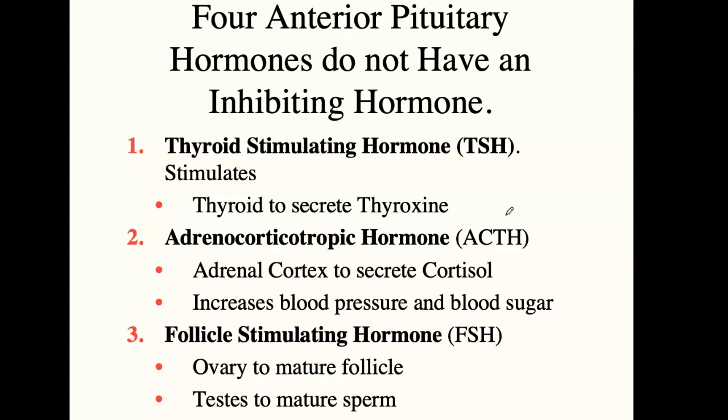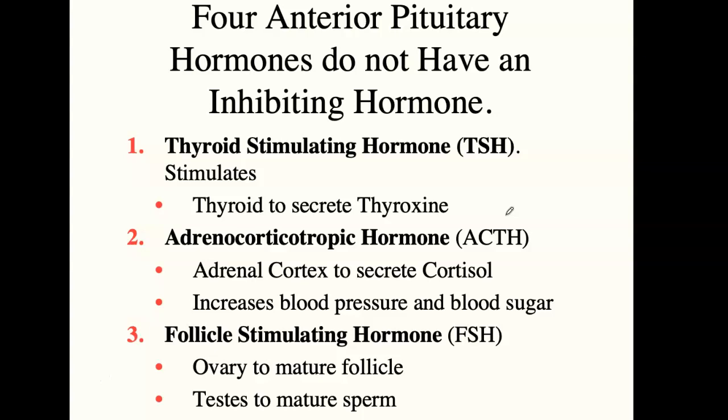Third is the follicle stimulating hormone, FSH, and that is going to stimulate the ovary to mature a follicle. So within the ovary, it's going to actually prepare an egg for ovulation. Within the testes, it's going to prepare sperm to be ejaculated. So you need to manufacture that cell through meiosis.